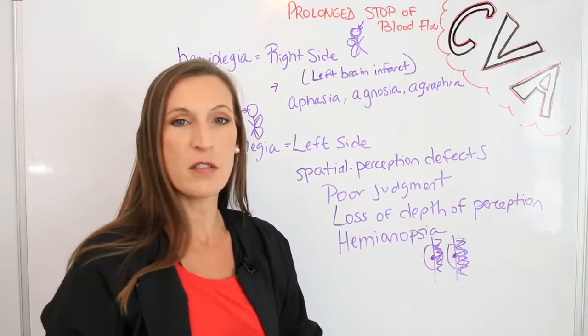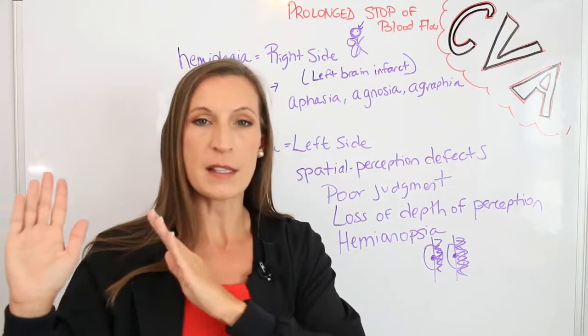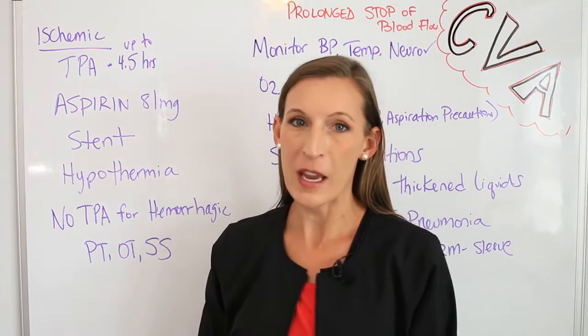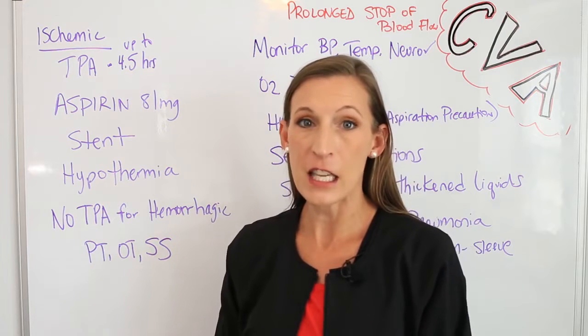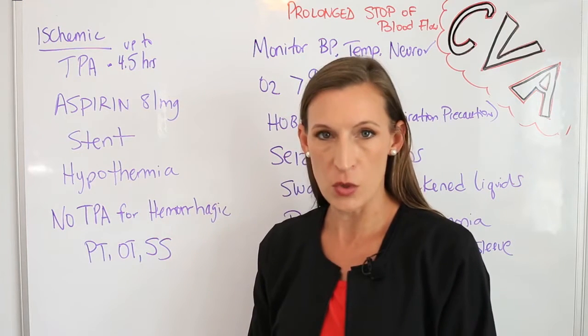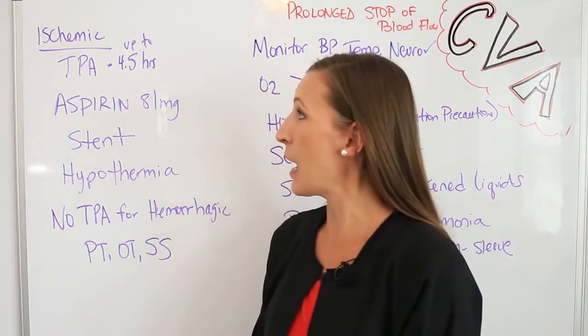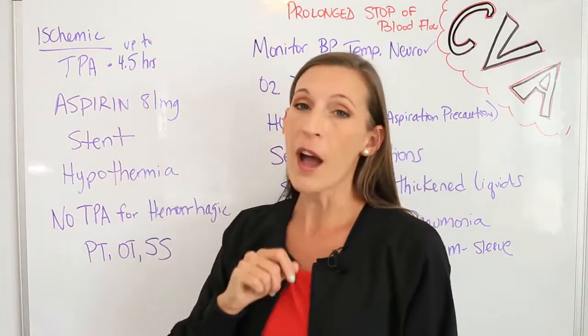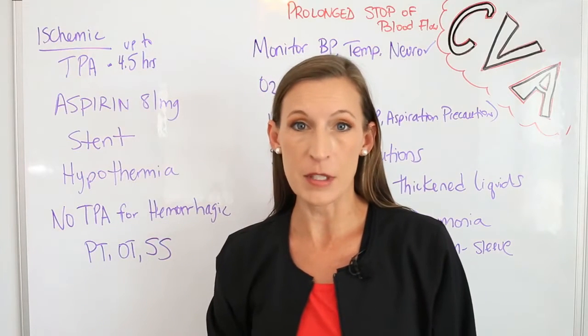So half of the vision field is lost for sight. Here's a look at the treatment options for the stroke patient. We're going to be talking about ischemic first. So with ischemic stroke, we can give TPA, which is a clot busting medication, within 4.5 hours of the onset of symptoms.